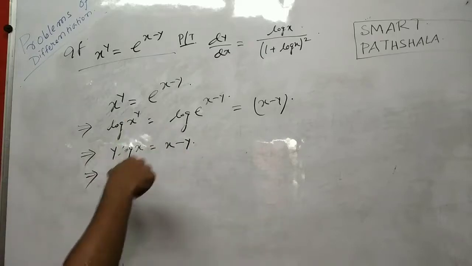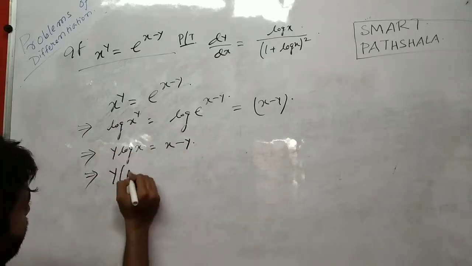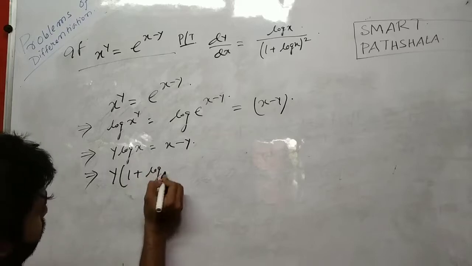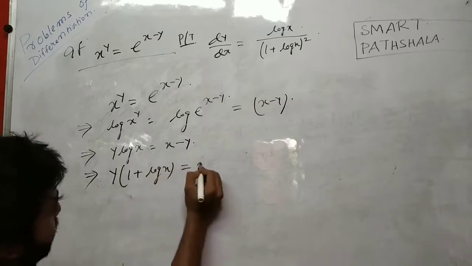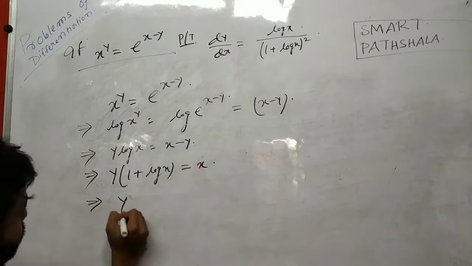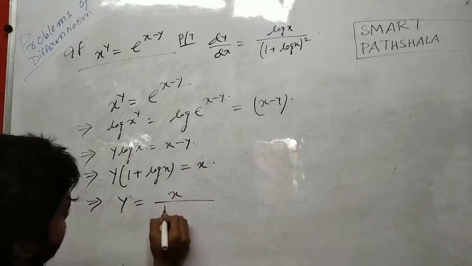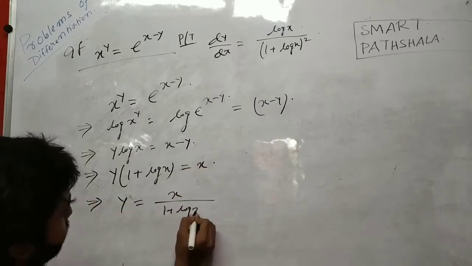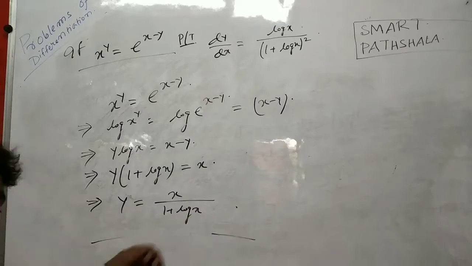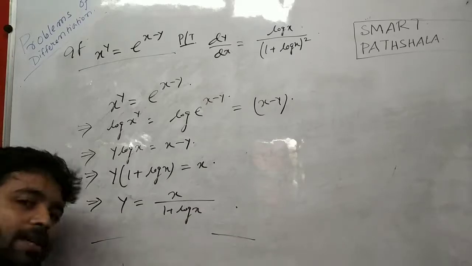Take this y on the left hand side so that you can take y common, and that's 1 plus log x. So what you have is y is equal to x by 1 plus log x. So here we have got the explicit form.